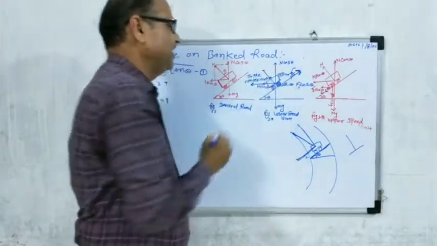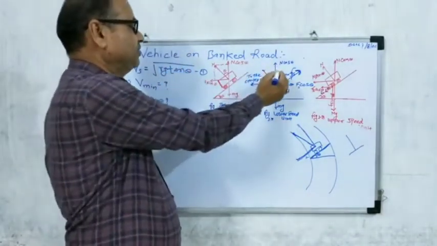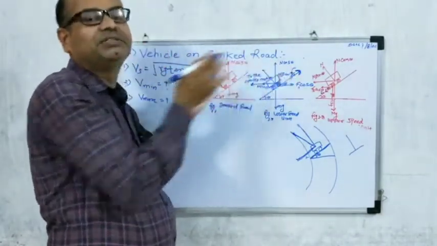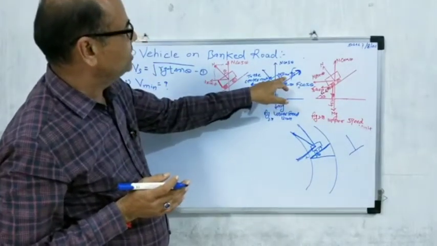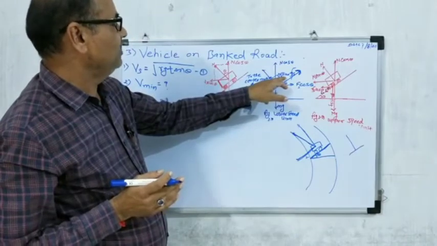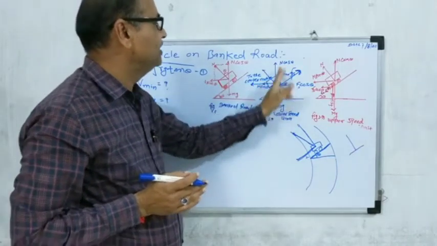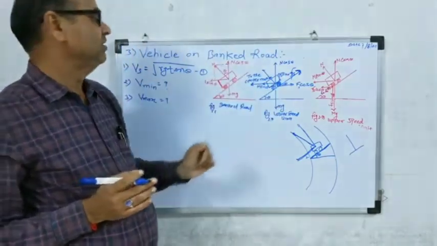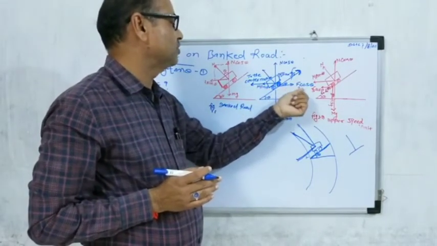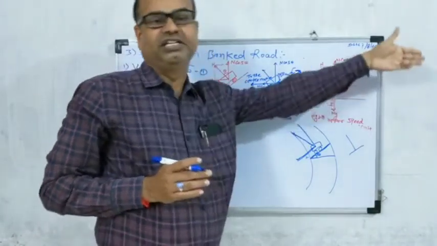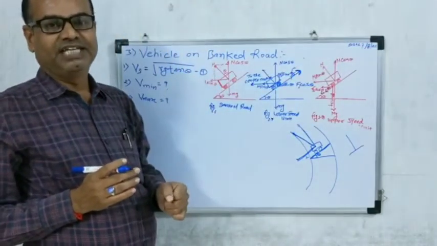This frictional force is also divided into two components: Fs sin theta, vertically downward, and Fs cos theta, horizontally.